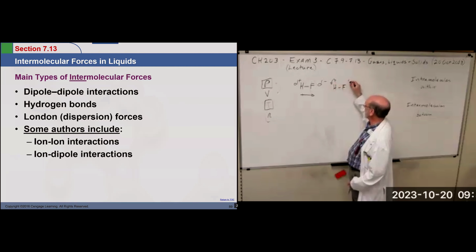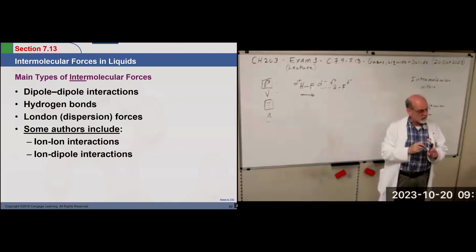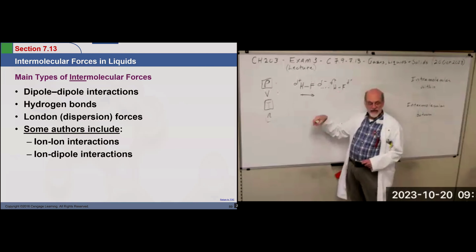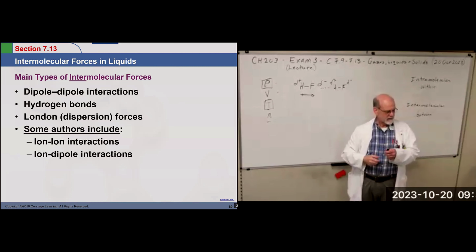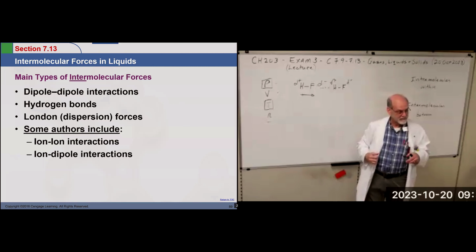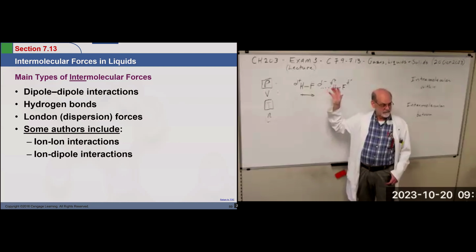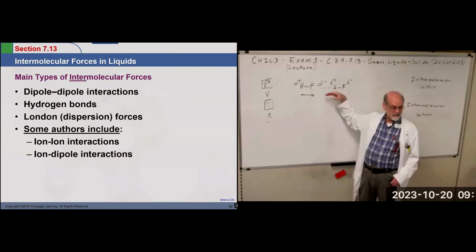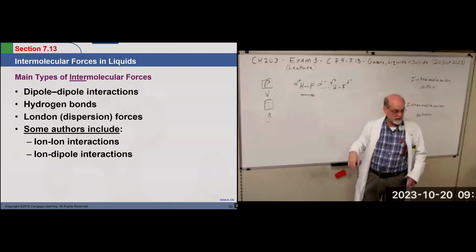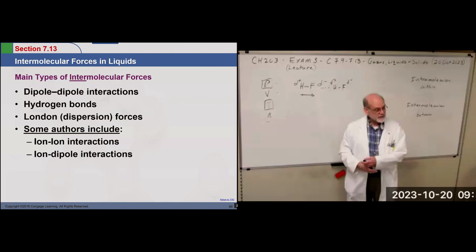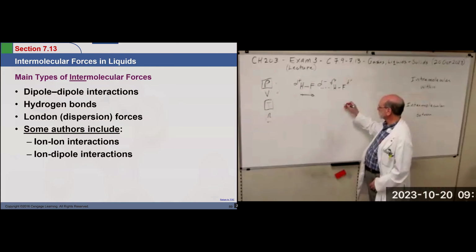Now you have the positive side against the negative side, and you get that dipole-dipole interaction. This one has a dipole, that one has a dipole. Think of magnets. Magnets have a north and south pole. Molecules sometimes have a negative and positive pole. And that's how they orient themselves. So you get a strong attraction here. That's a dipole-dipole interaction. Actually, it's a special kind of dipole interaction called a hydrogen bond.